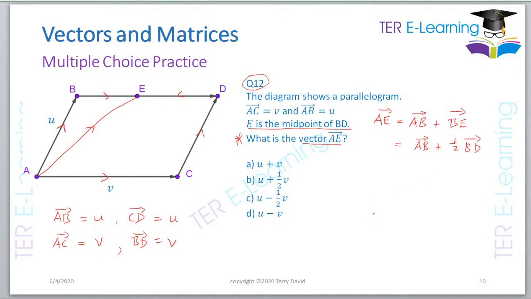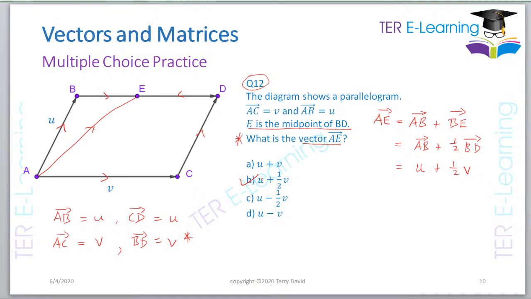So the vector AB, you already know, is U, plus a half multiplied by BD. BD is V. So therefore, it's U plus a half V. So the answer, I see all of you saying the answer is B. That is correct. So the answer is B for this question.